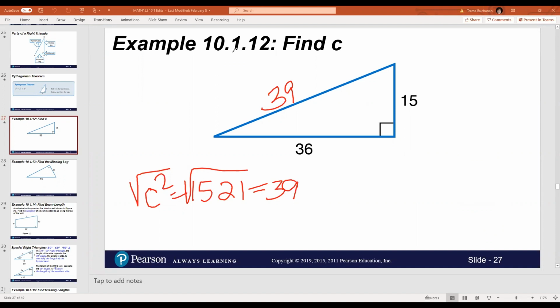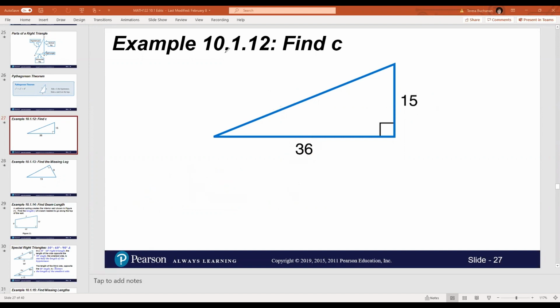Also, it's a number that's kind of in the right neighborhood. If it said 390, I would say, well, that doesn't make sense because it can't be that different from those two side lengths. It's a number that's similar in magnitude to those lengths, and therefore it is a reasonable result.